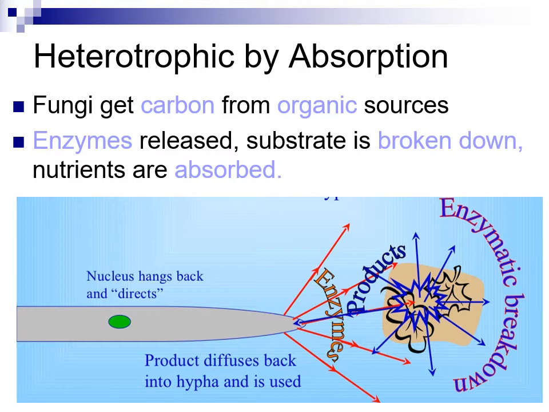Okay, that's where they get their carbon from. But you see that enzymes are released from the end of the hypha. And those enzymes break down whatever is in that area, and then the organism, the fungus, will then absorb what it needs and leave the rest for whatever other organisms are in that soil.